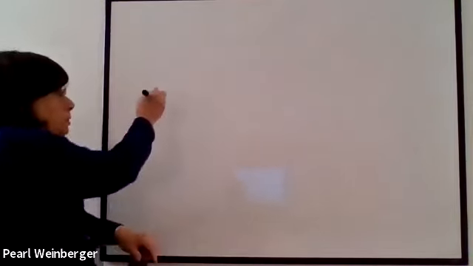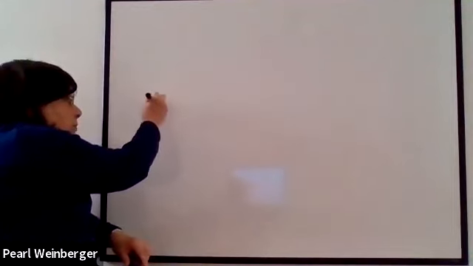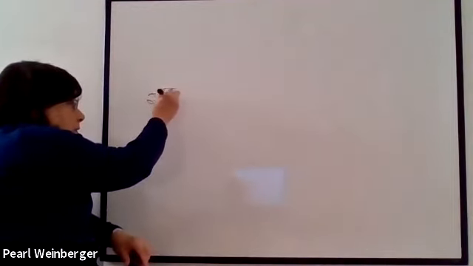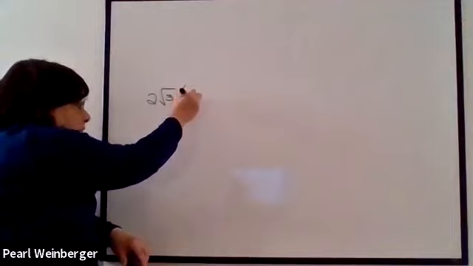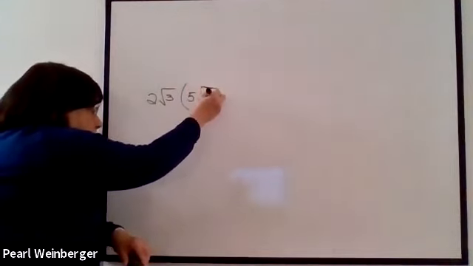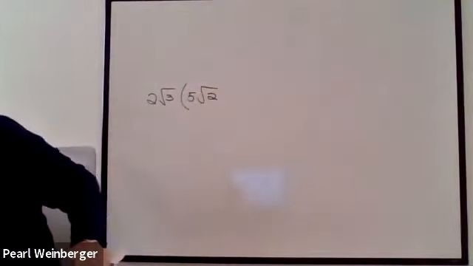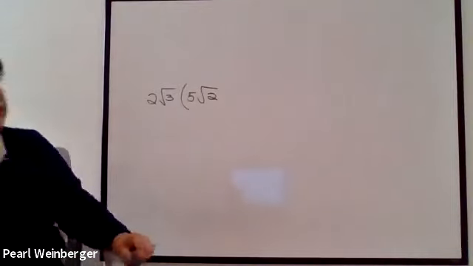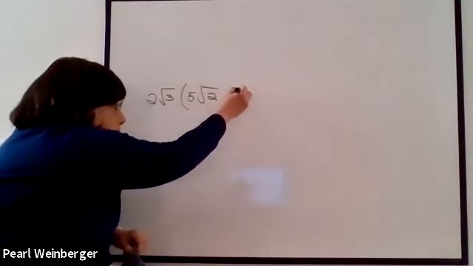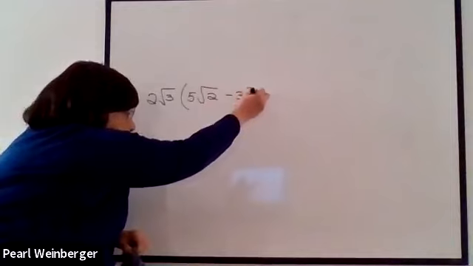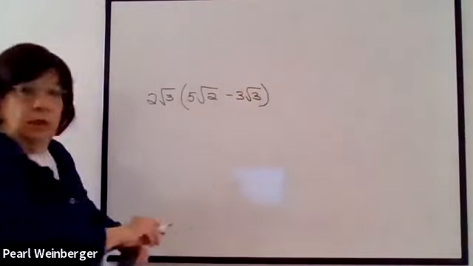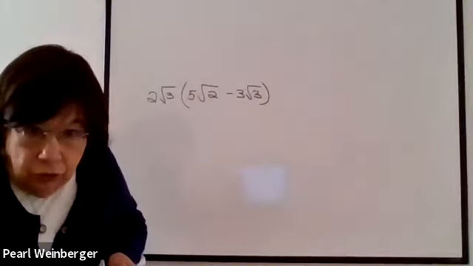Okay, so this is something we're going to keep in mind as we work with these radicals. So let's say I gave you something like this. Suppose I had 2 radical 3 times 5 radical 2 minus 3 radical 3.